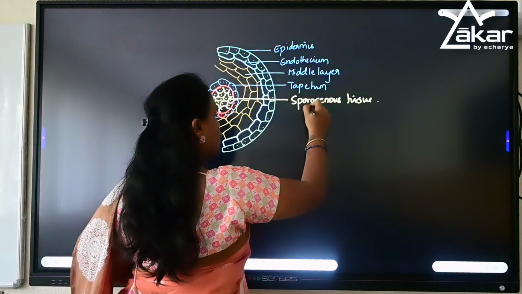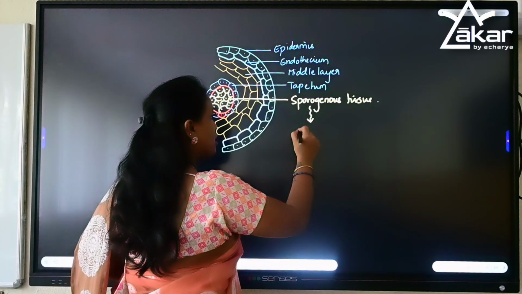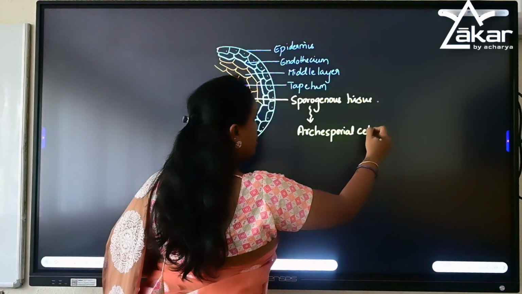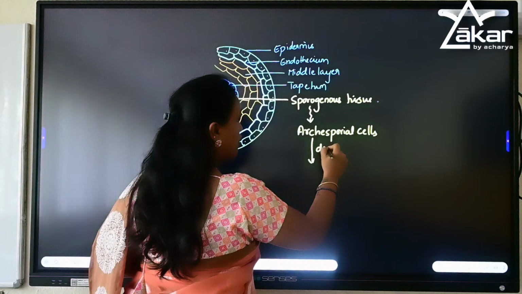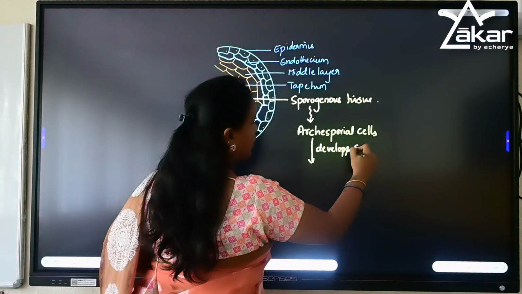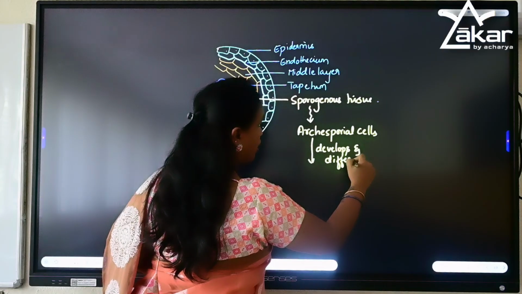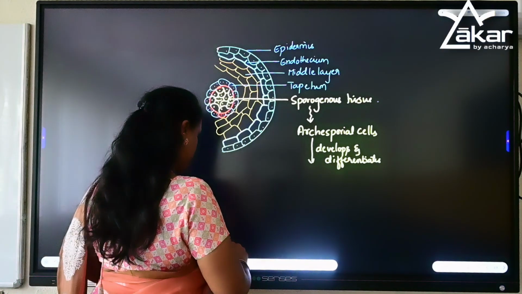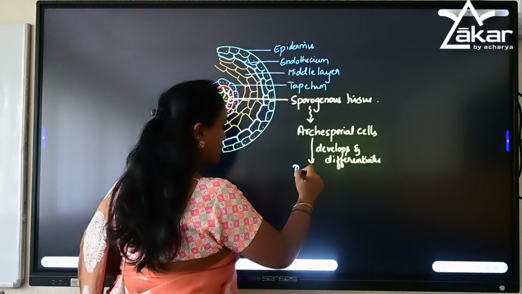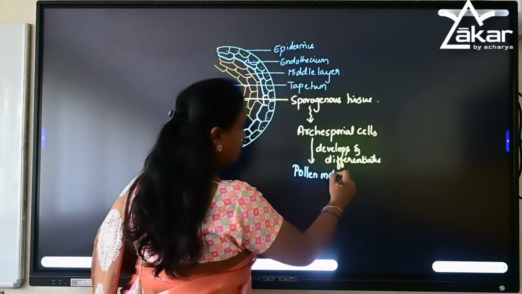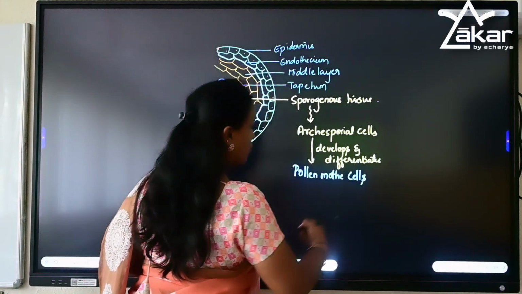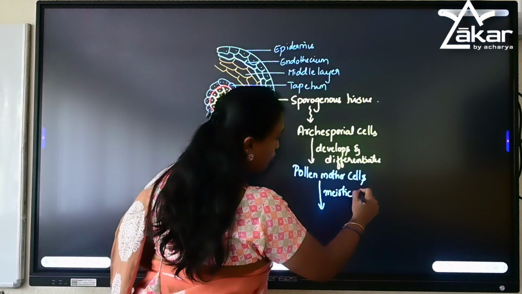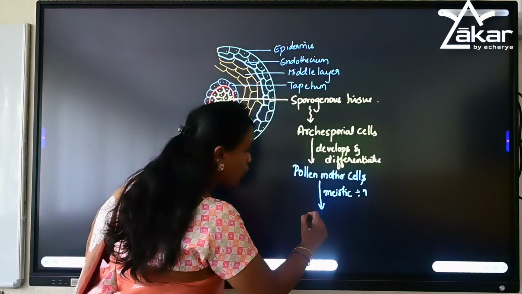Now this sporogenous tissue contains specialized cells called archesporial cells. These archesporial cells develop and differentiate into pollen mother cells. This pollen mother cells undergo meiotic division to form pollen grains.